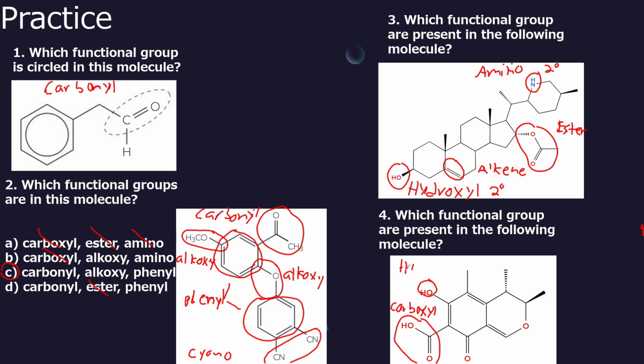All right, then here, hydroxyl group. And that is, again, secondary. We've got quite a few alkenes. We've got one carbonyl here, ketone.